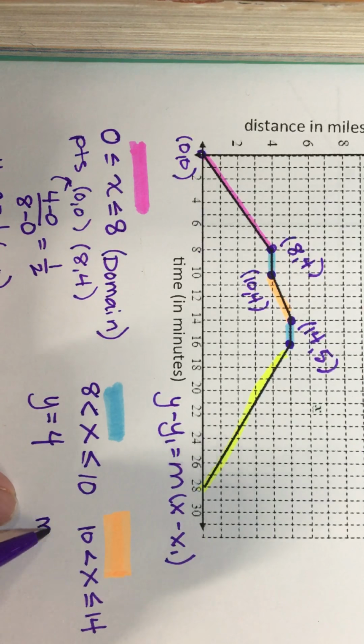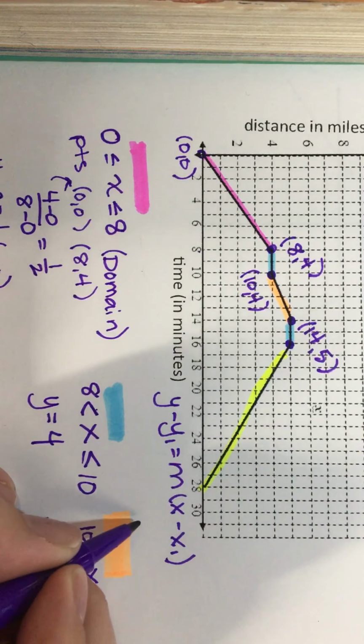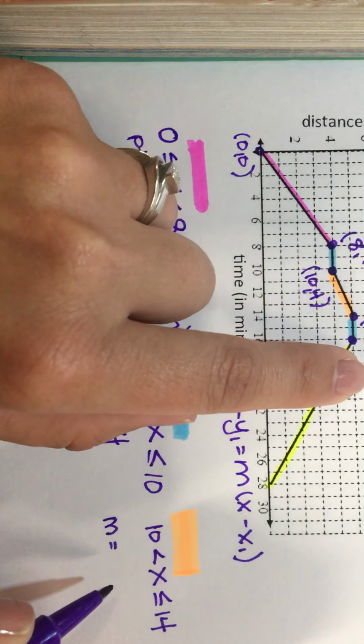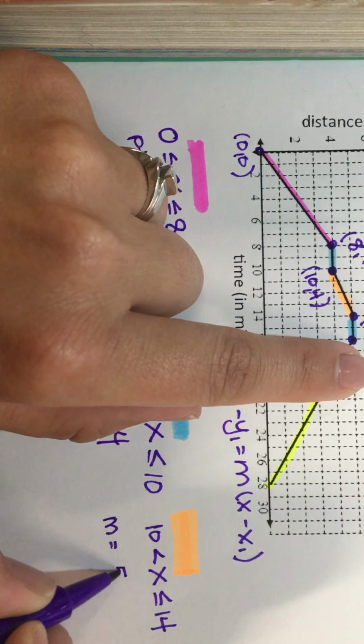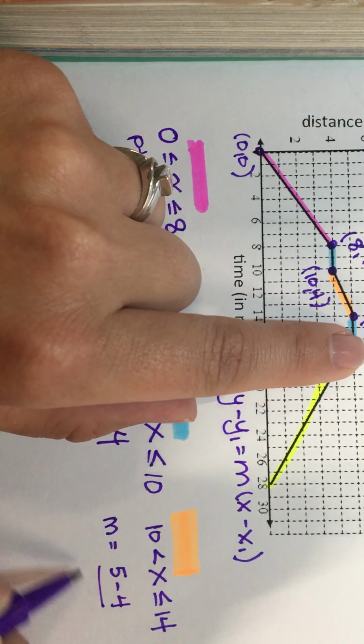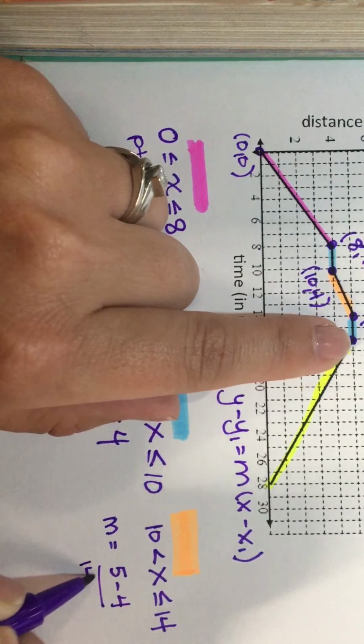Let's find my slope using my 2 points. It's going to be y2, which is 5, minus y1, which is 4, over 14 minus 10, so I get 1/4. Again, 15 miles per hour is a quarter of an hour.